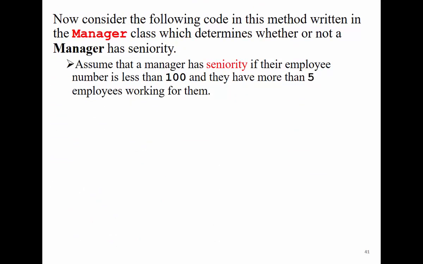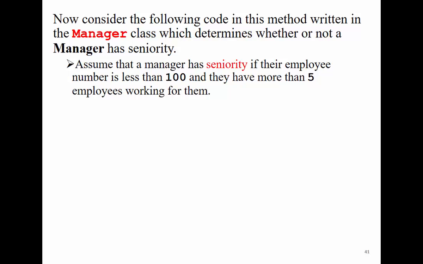So here, for the managers, we calculate the seniority of the manager if the manager has an employee number less than 100 or has 5 employees working with that manager. We say that the manager has some kind of seniority.